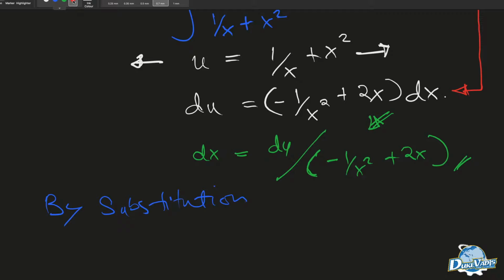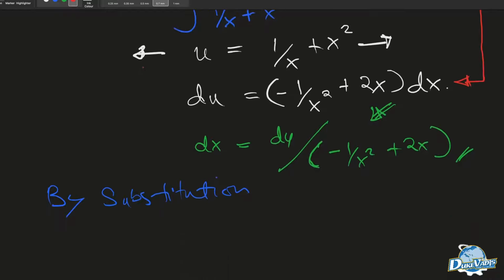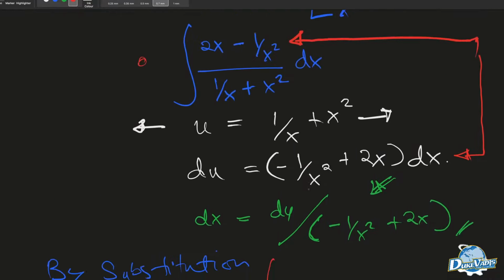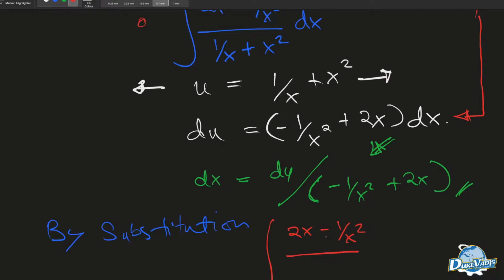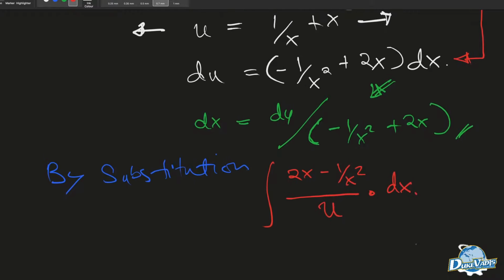Let's go up again and see what the equation is. So the equation is the integral of 2x minus 1 over x squared, all over u, because we decided to make this the u, so that this one will be over u, multiplied by dx.